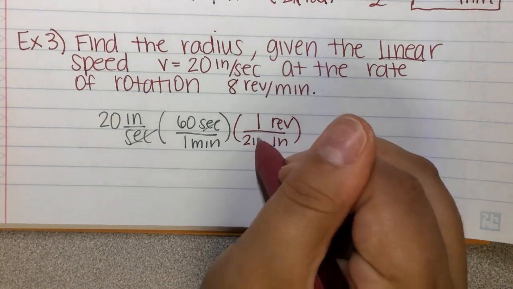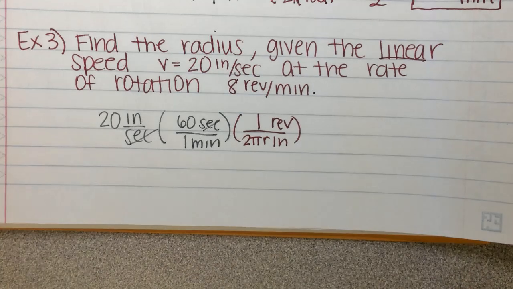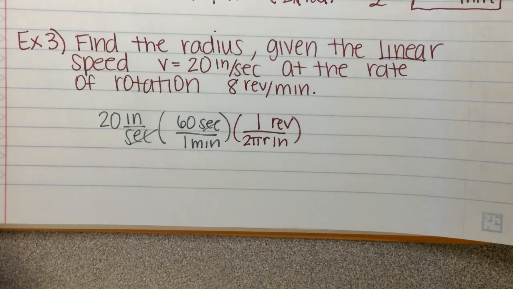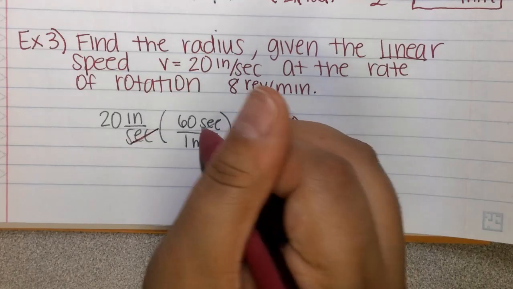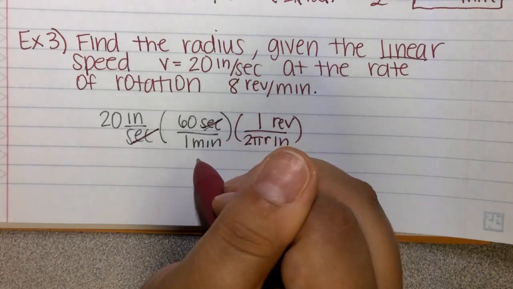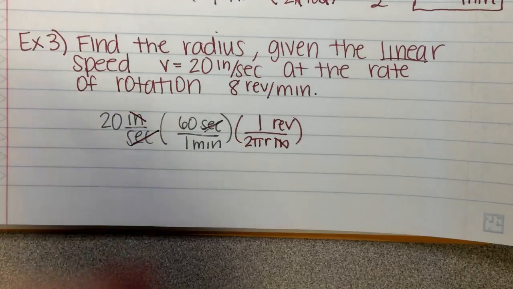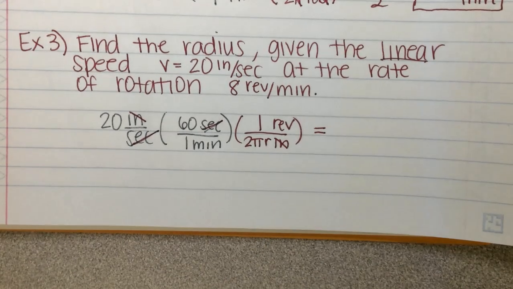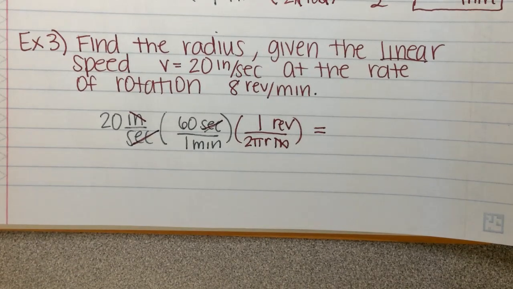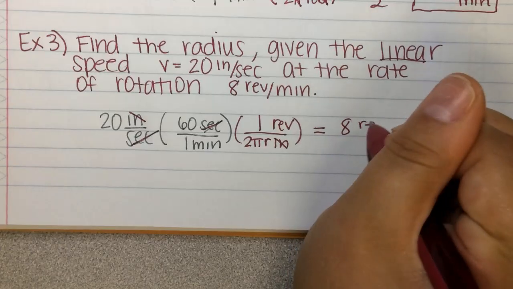Do I know r? No, that's literally what we're trying to find. Do I now have revs per minute? And so what should that equal? 8 revs per minute.